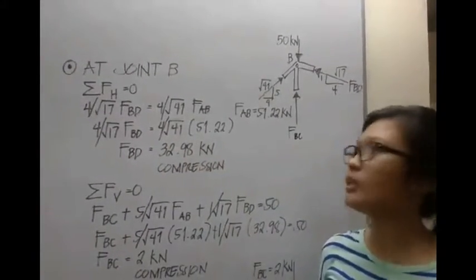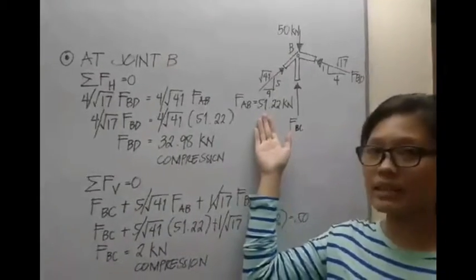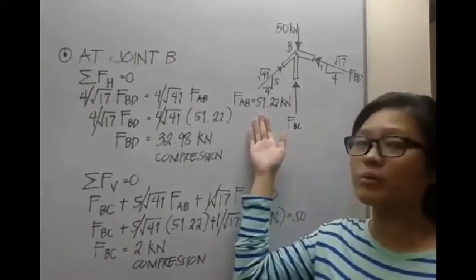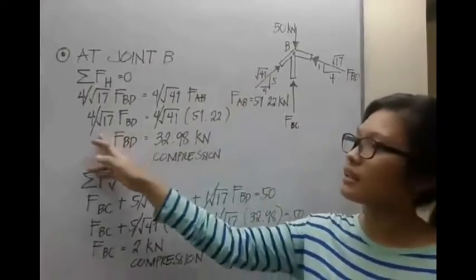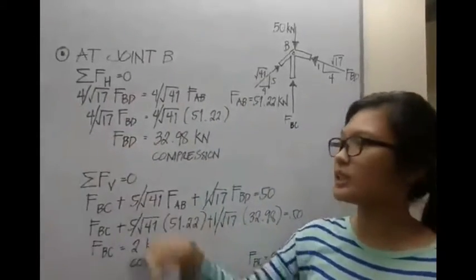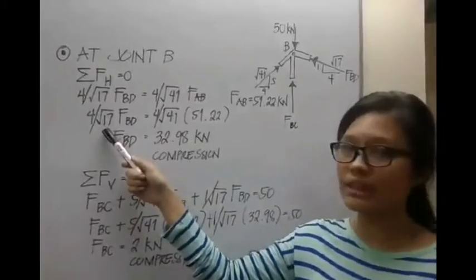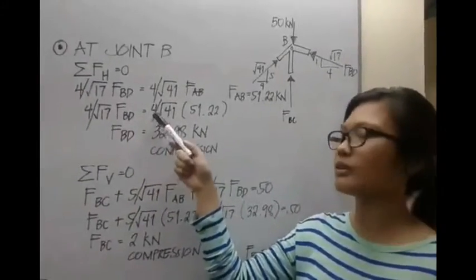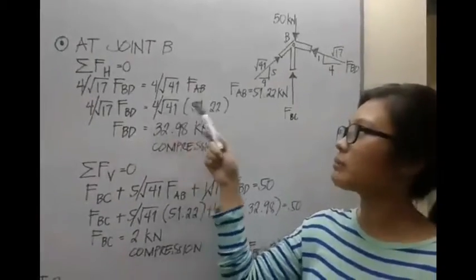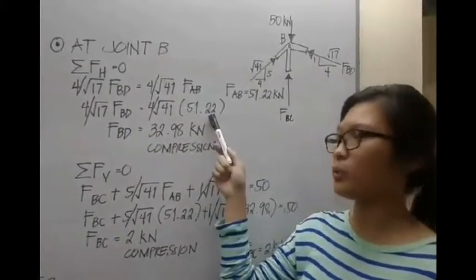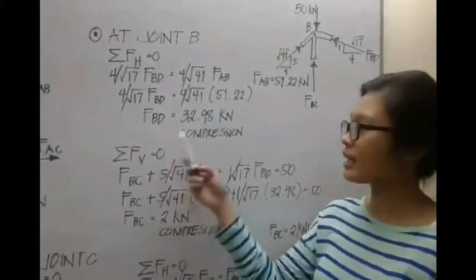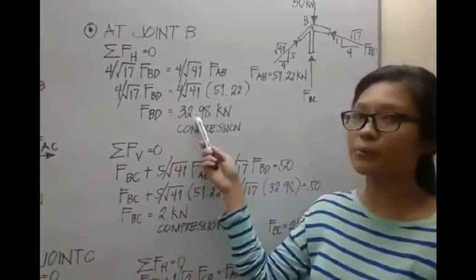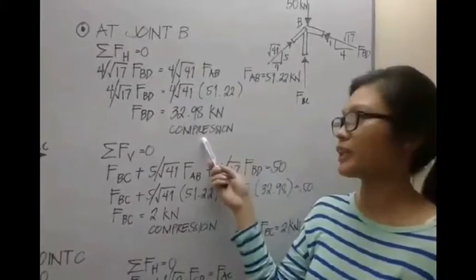Since we have a value of FAB, we can substitute it into the equation, and we get 4 over square root of 17 FBD equal to 4 over square root of 41 times the value 51.22. We will then get FBD, which is equal to 32.98 kilonewtons compression.